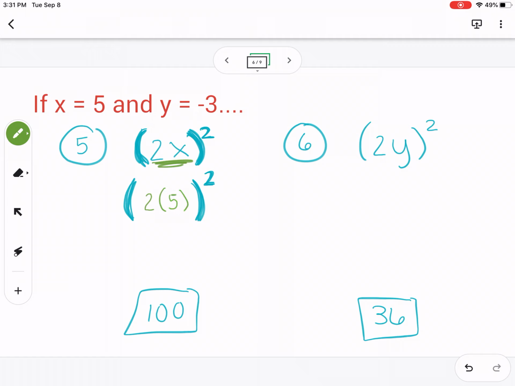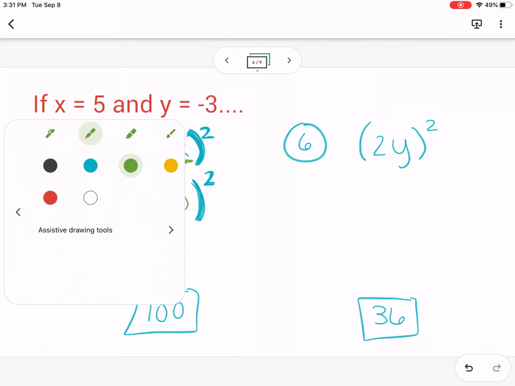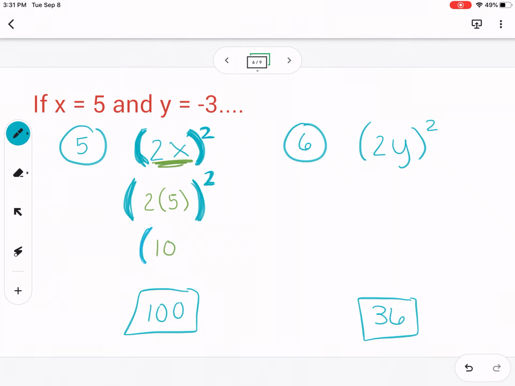So on the inside, I get 10. And then I'm going to square that. So PEMDAS, I did the parentheses, everything inside those big blue parentheses first, and then I'll do the exponent, and you get 100.